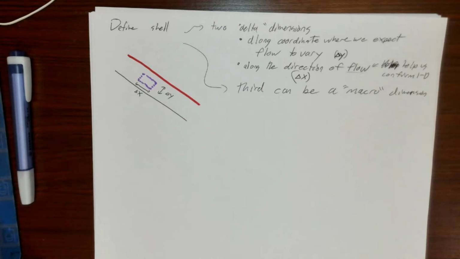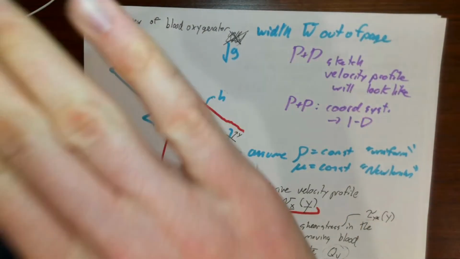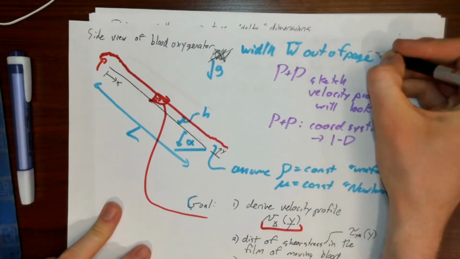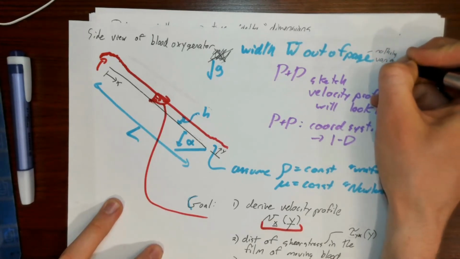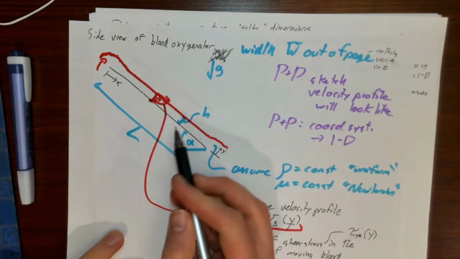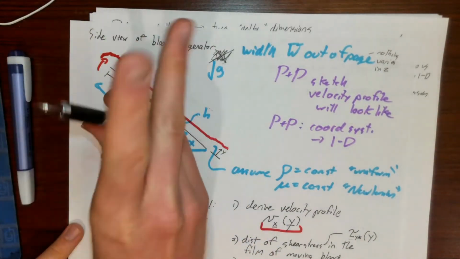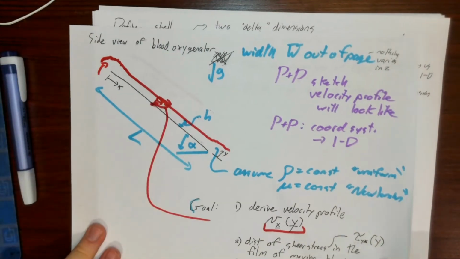So in this case, if we go back to the problem statement, this whole system has some width w out of the page, and basically nothing varies in z. If it's x, y like this, we're assuming nothing varies in z along the whole width w of our device.